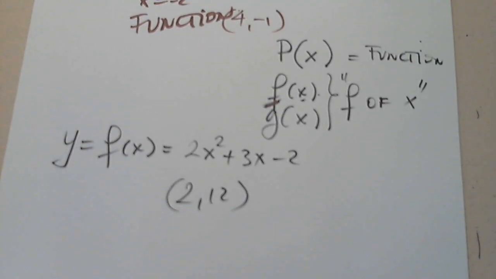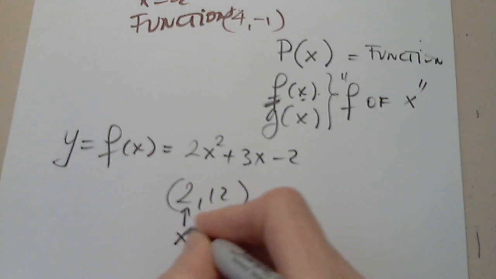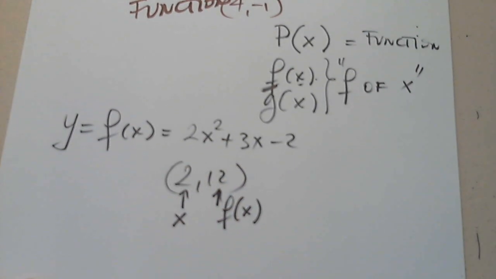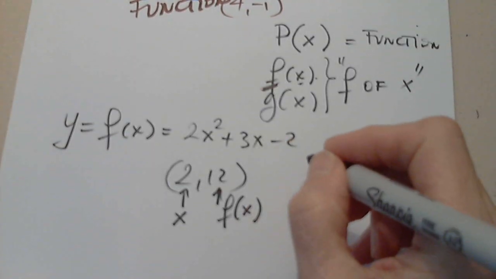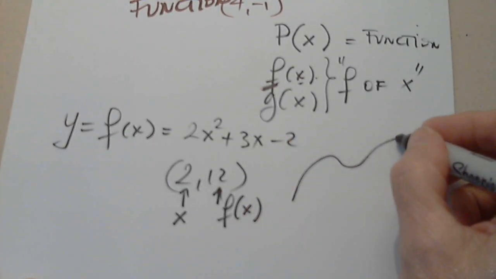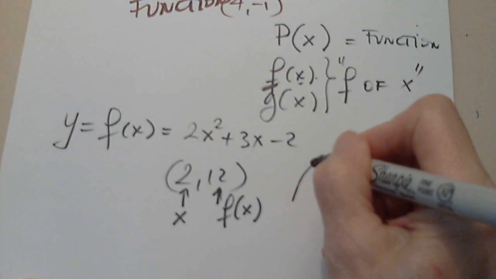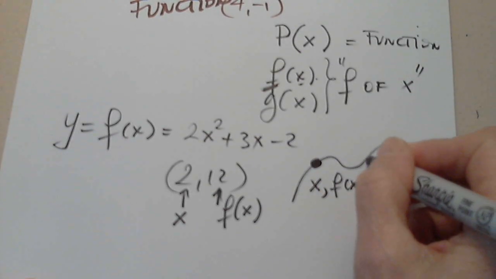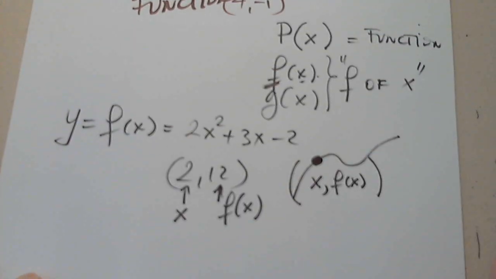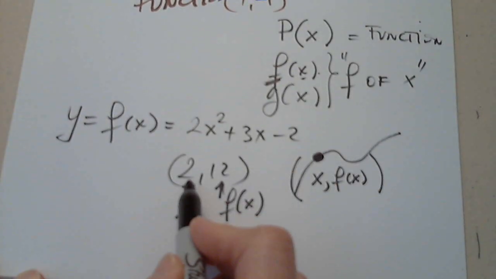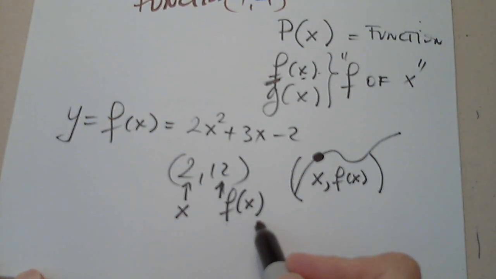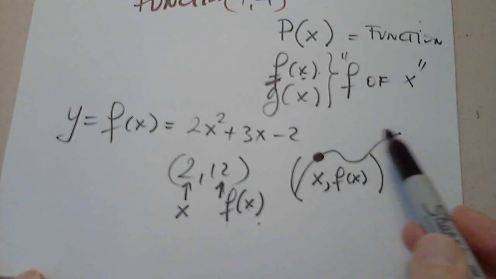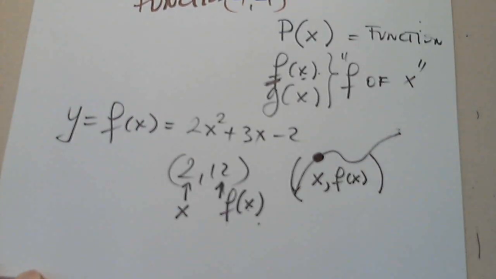Meaning, this means x, this means f of x. This is super important. If I have this function, this point here is x comma the function value at that point. So if I'm given 2, the y-coordinate has to be f of 2. If it isn't, then this point is not on the graph of the function.